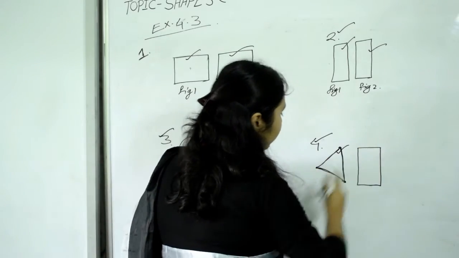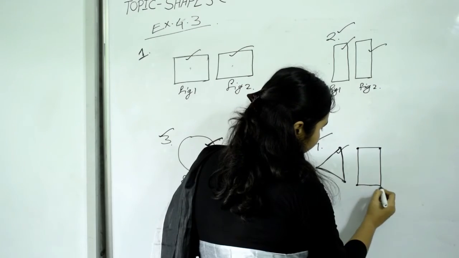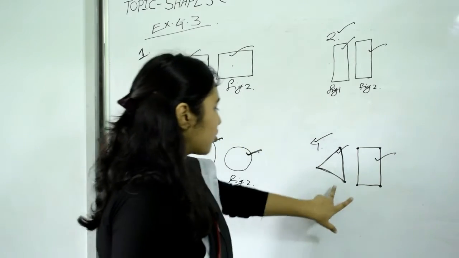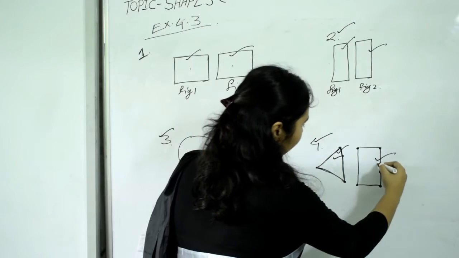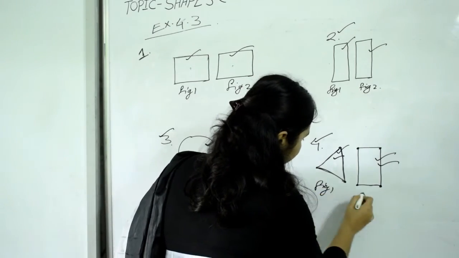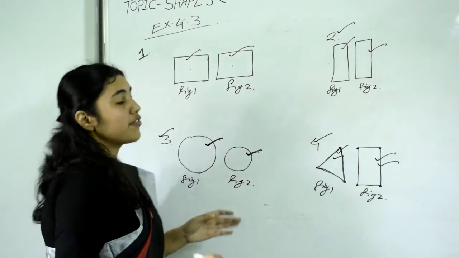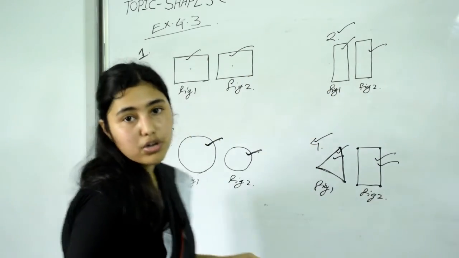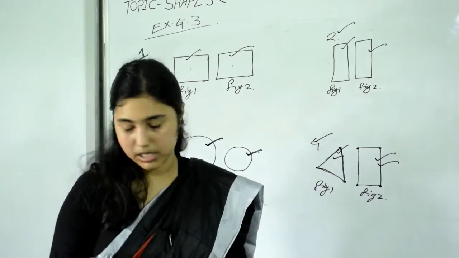So this is a triangle, but here this is 4 vertices and 4 sides, which means this is a rectangle. So these two shapes are not the same. This is a triangle and this is a rectangle, which means these two figures are not congruent. Figures that have the same shape and also the same size are known as congruent figures.